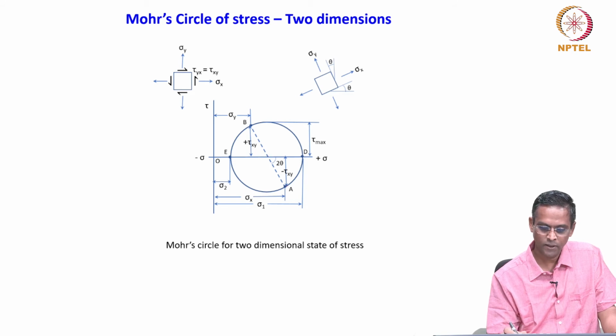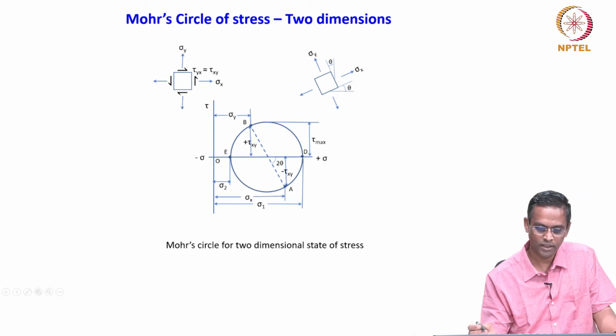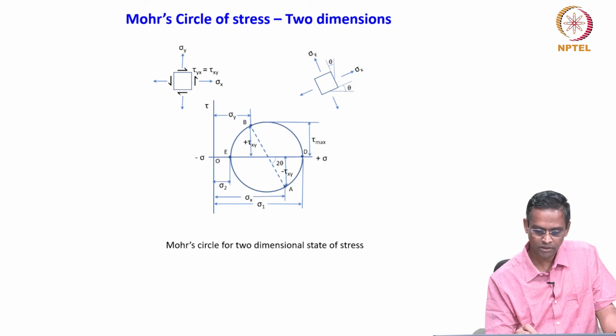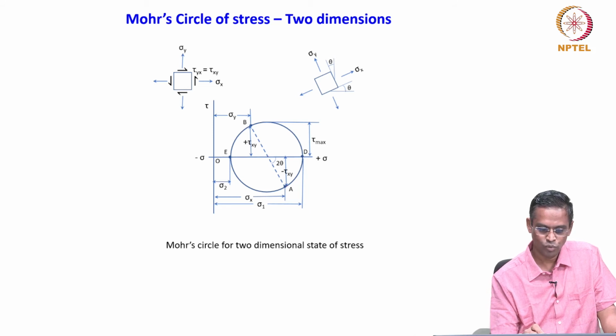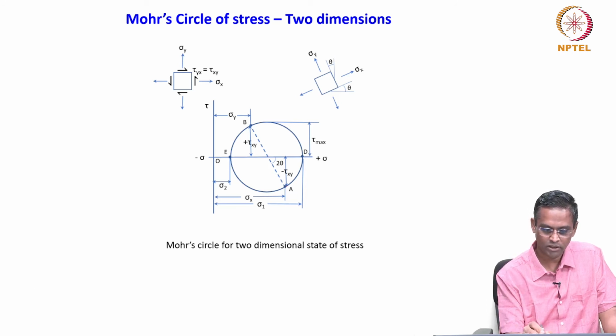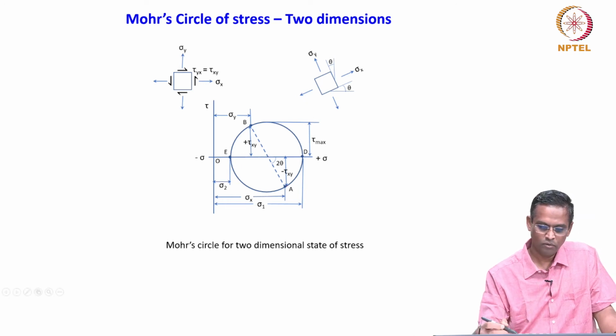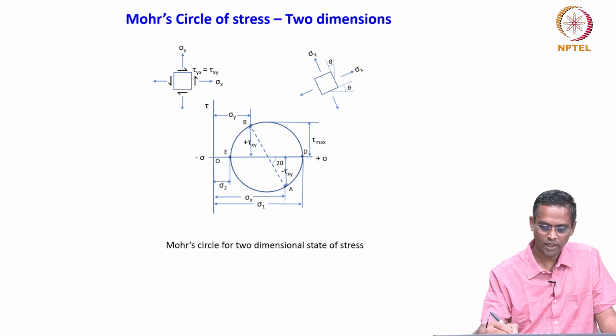So, the angle between this sigma 1 and sigma x is 2 theta. In the Mohr circle, theta is always plotted as 2 theta, not just theta. So, it is always 2 theta, and you can see that the angle between this sigma 1 and sigma x is 2 theta. This one is sigma x, this one is sigma y, this one is sigma 2, right, and this is sigma 1. And what is the maximum? Maximum is here, that is tau max, right.